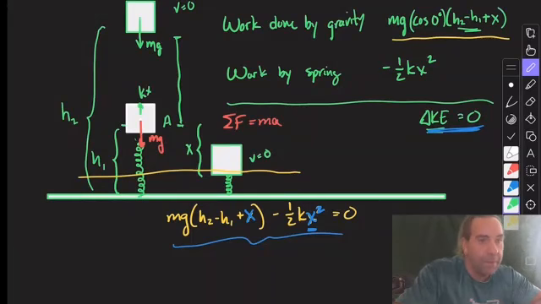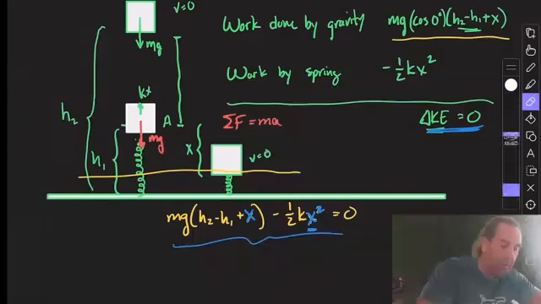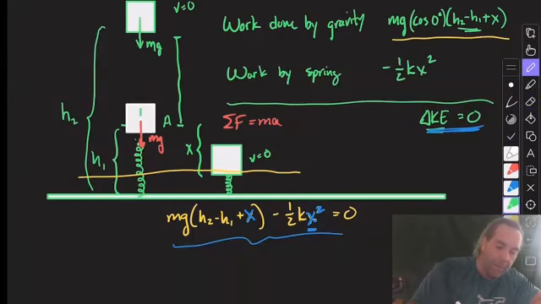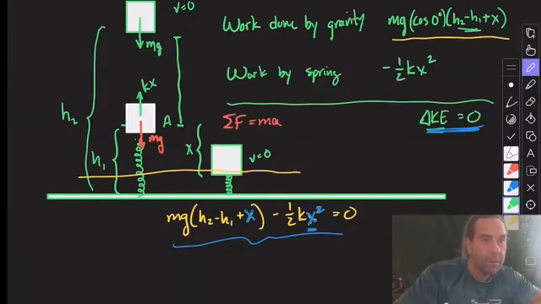But this is still unbalanced downwards, which means the box is going to start to compress the spring and will still be getting faster until the point where the spring has been compressed enough for the upwards force to equal the downwards force. Meaning the box continues to get faster until the net force equals 0.